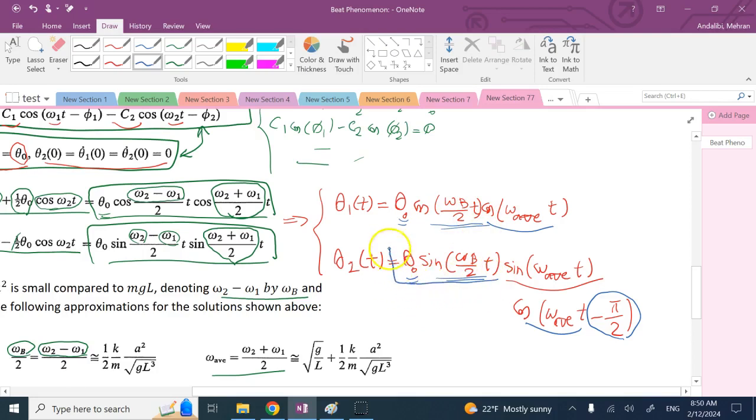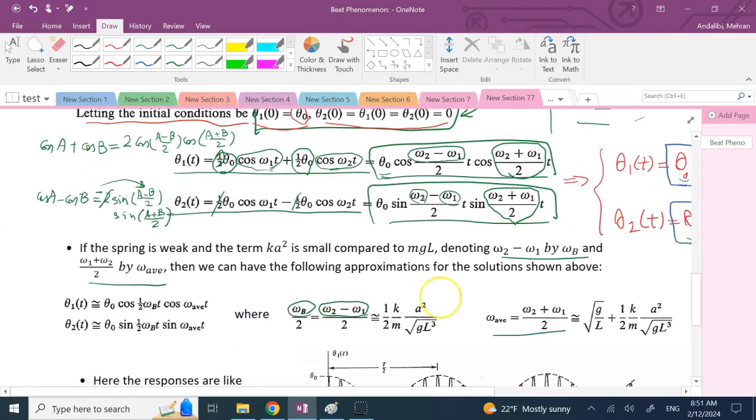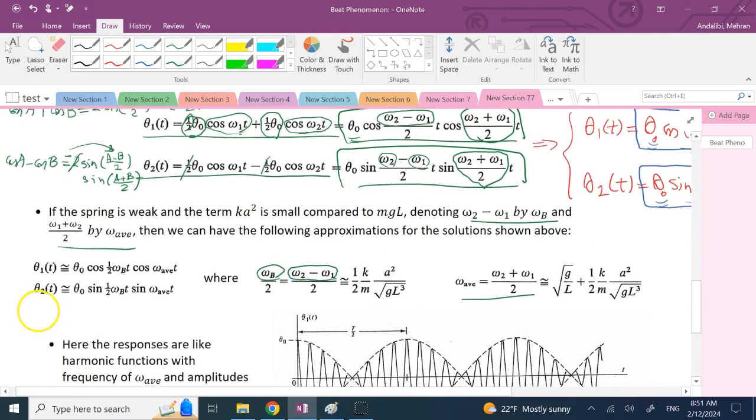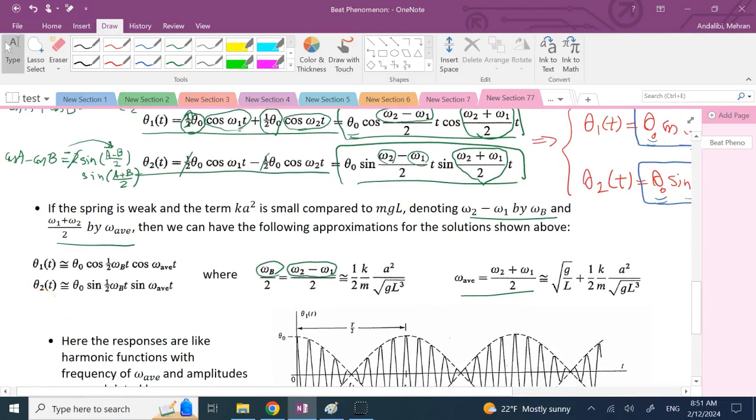So one of them I can say this is the amplitude, the other one this is the amplitude. And both of them are cosine omega t harmonics, again one of them with a phase shift, where their amplitudes are modulated by what? Their amplitude are not constant theta naught, they are modulated by cosine omega b over 2 and sine omega b over 2. Okay?